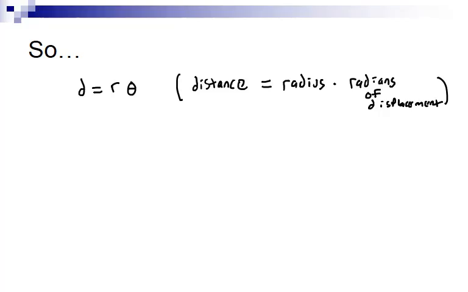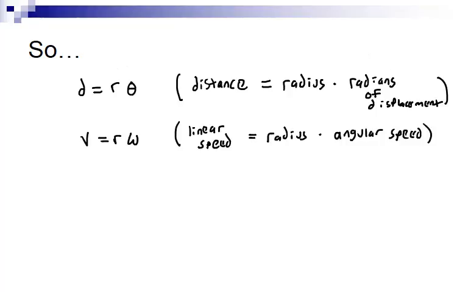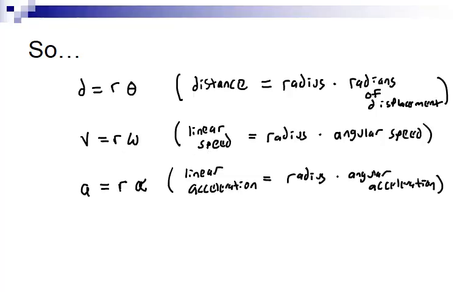So to summarize, the first thing we looked at was we can find the distance by taking the radius and multiplying by the angular displacement, the radians of displacement here. We can find the linear speed by multiplying the radius times the angular speed. And then finally, we can get the linear acceleration by multiplying the radius times the angular acceleration.